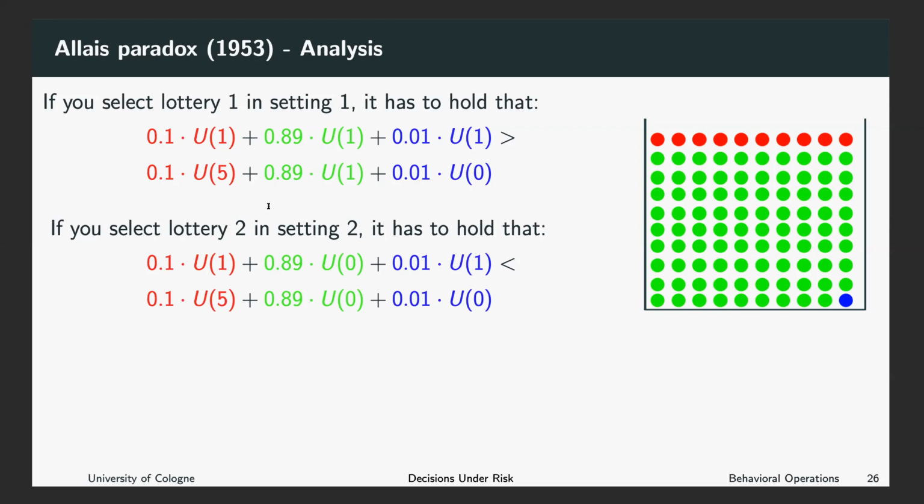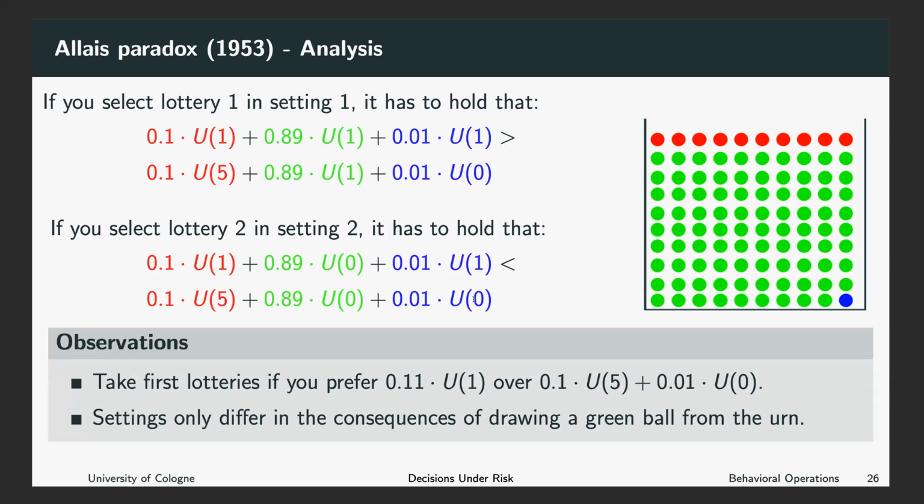If you do the same illustration for the second setting, what you get is that if a red ball is drawn, you get 1 million in lottery 1, 5 million in lottery 2. If a green ball is drawn again, this is the same. And if a blue ball is drawn, you receive a higher payment in lottery 1 than in lottery 2.